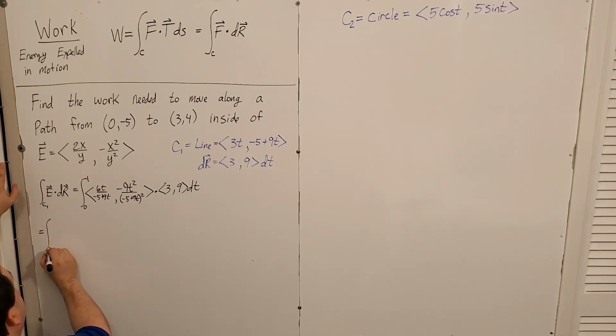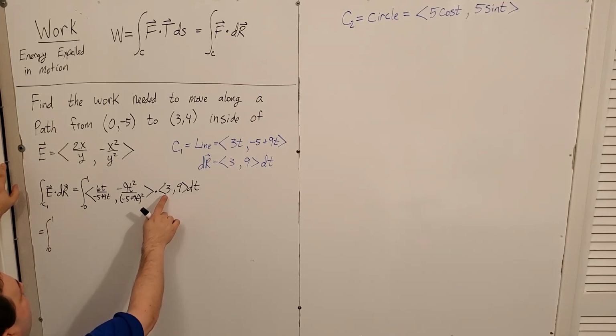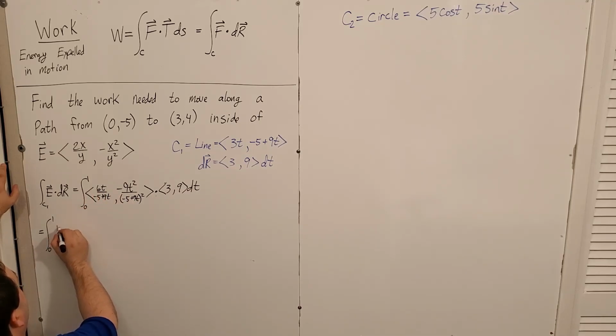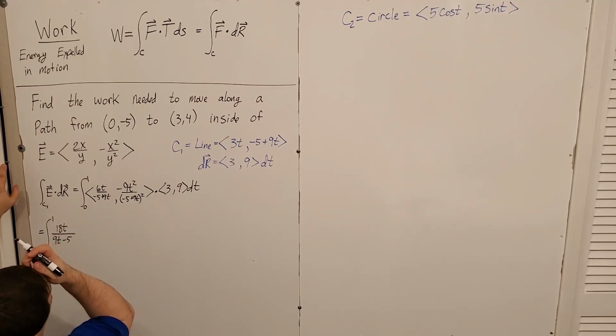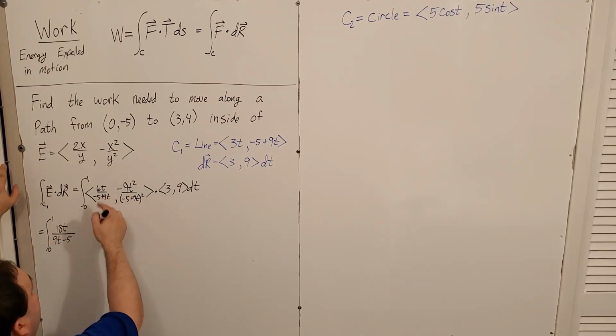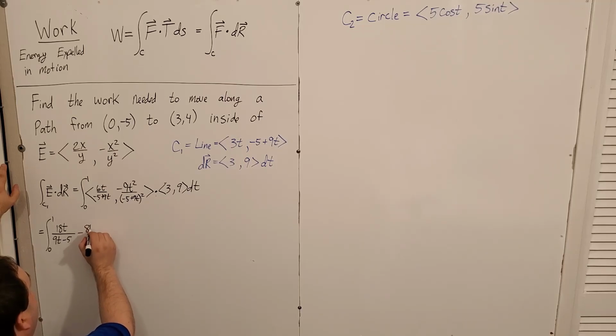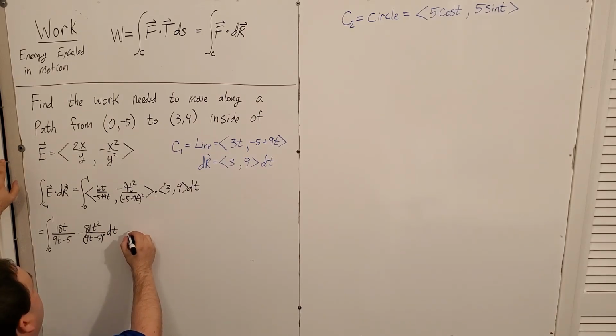So an integral from 0 to 1, and I've got 18t over -5. I'm just going to write it as 9t minus 5 to make it easier. 9t minus 5 minus 81t squared over 9t minus 5 squared dt. Let's try the common denominator route.